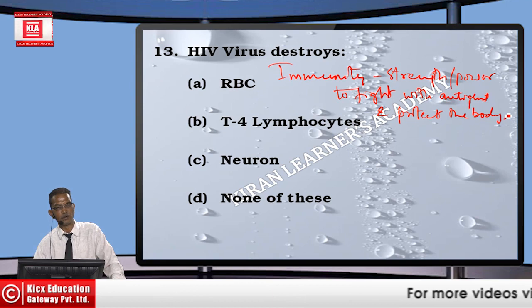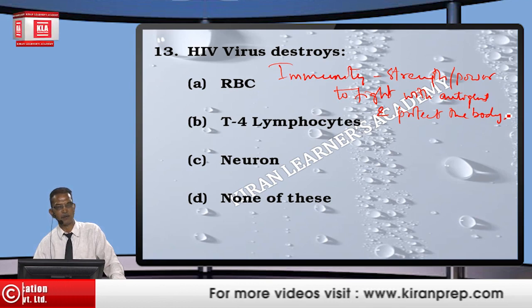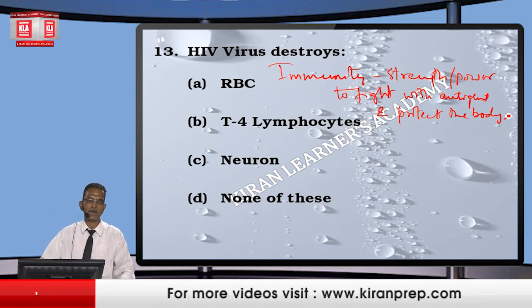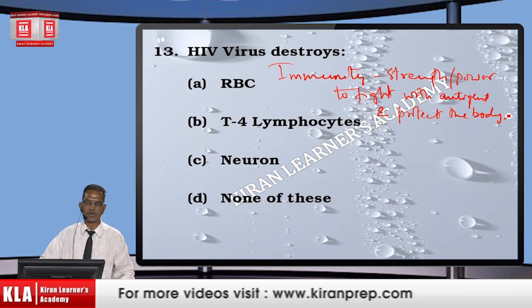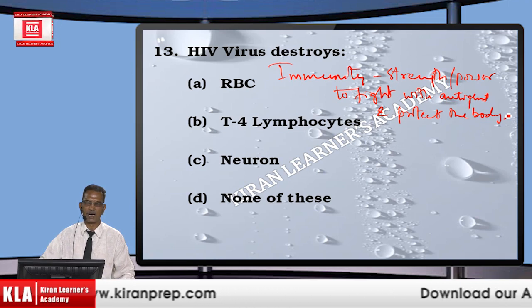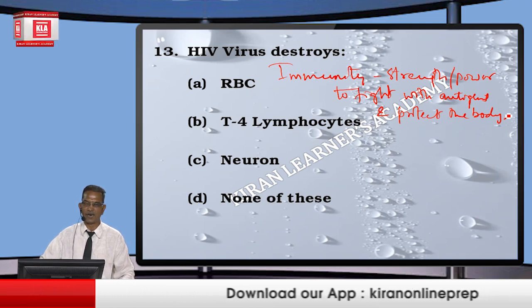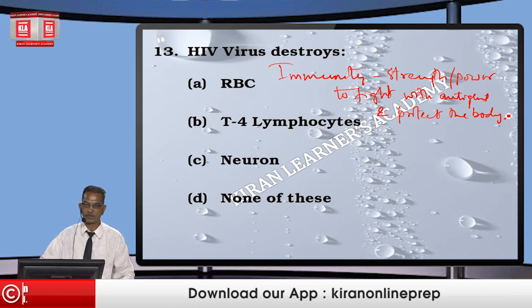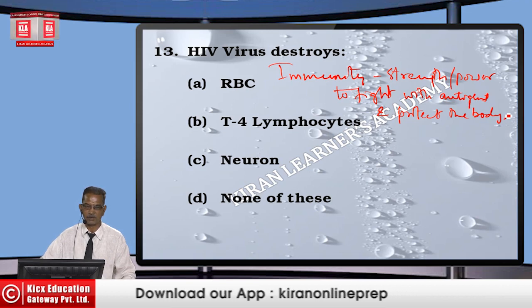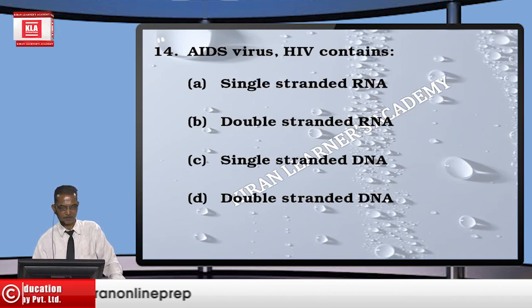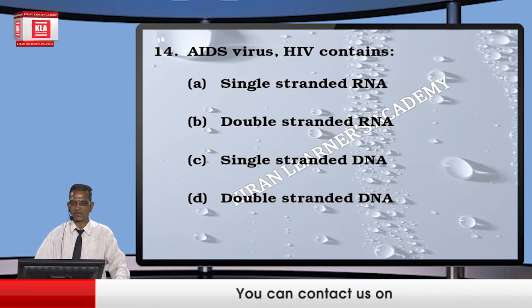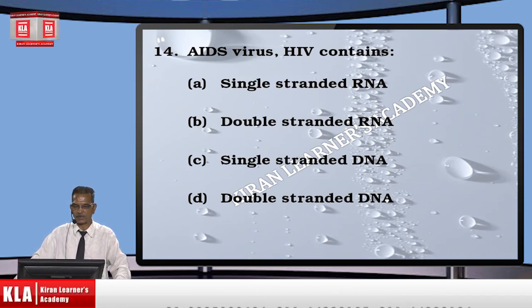If we look at the WHO studies done recently, it shows that most of the deaths are caused by TB, or tuberculosis, the major causative agent of the disease, and the death among humans.